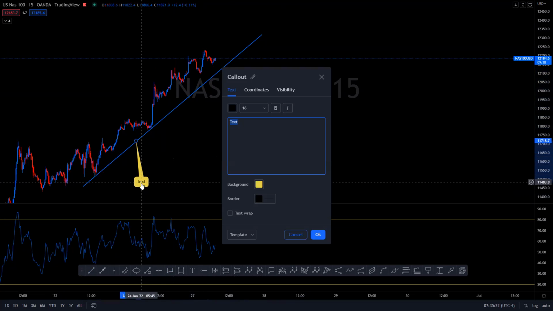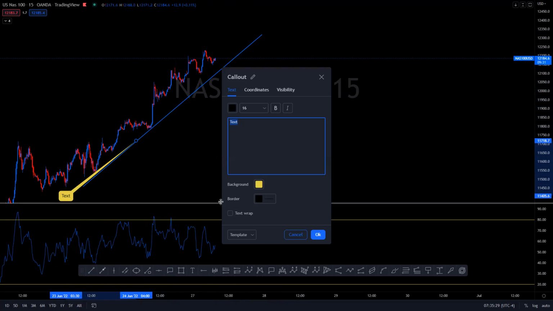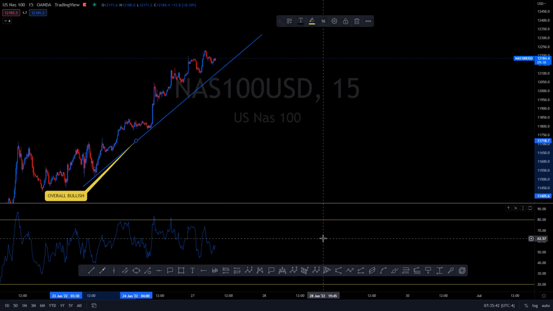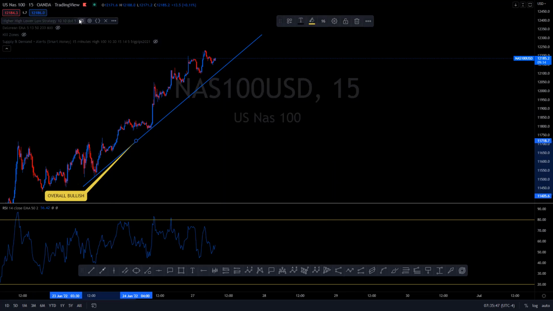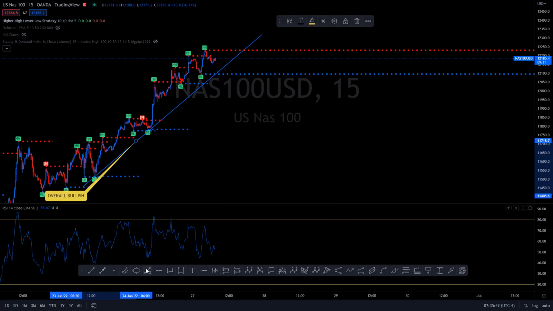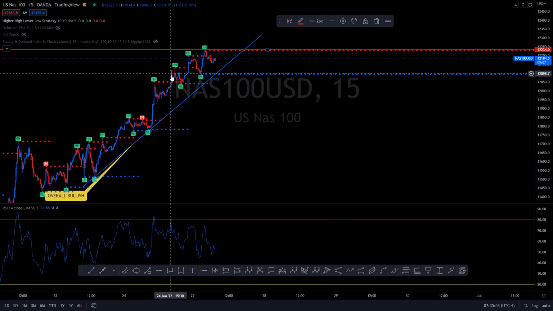So I'm going to put here, I want to say bullish. Put that there. Then I'm going to look for the most recent high, the most recent low. I'm going to use my higher high, lower low strategy indicator. So this is the most recent high. So I will look for this.